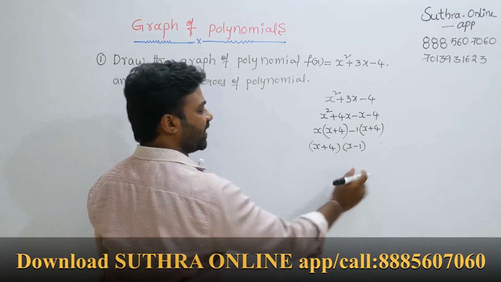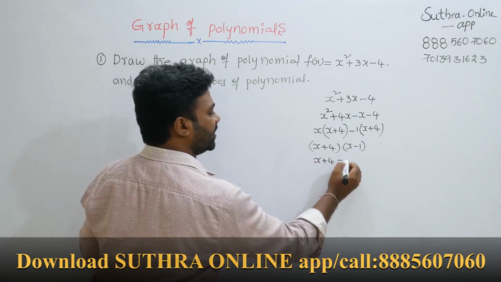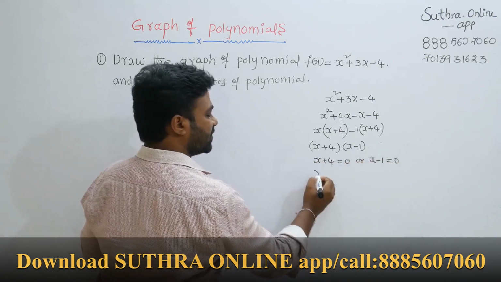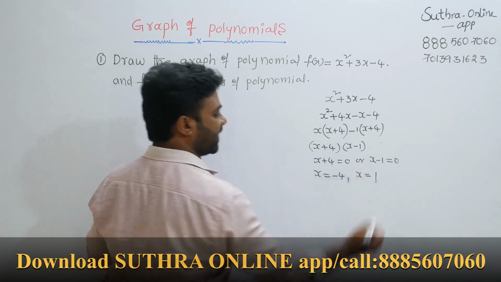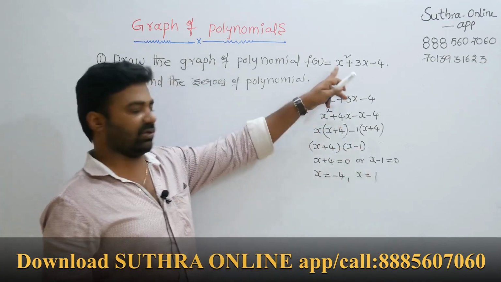To get zeros, x plus 4 equal to 0 or x minus 1 equal to 0. So x is equal to minus 4 or x is equal to plus 1. Now minus 4 comma 1 are the zeros.